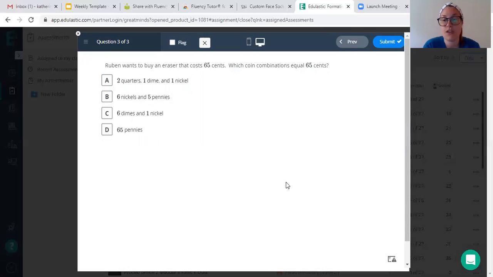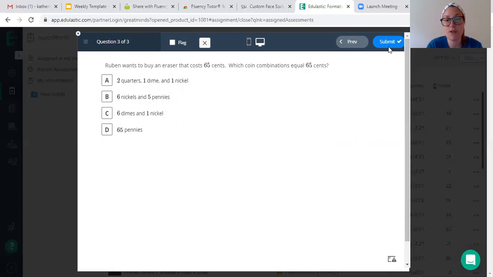So, pay attention to what is listed there. 2 quarters, 1 dime, and 1 nickel, 6 nickels and 5 pennies, 6 dimes and 1 nickel, or 65 pennies. Which equal 65 cents? It could be 1 of them, 2 of them, 3 of them, 4 of them. Just make sure that you're looking really closely to figure out how much actually equals 65 cents.